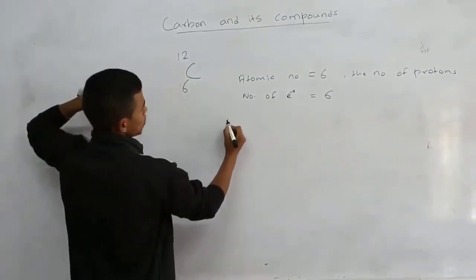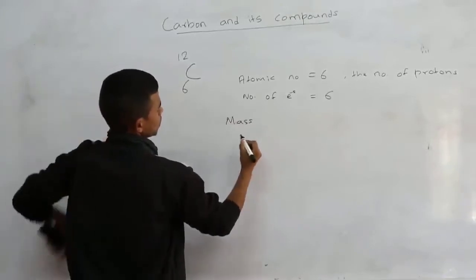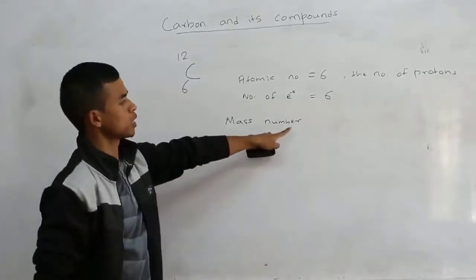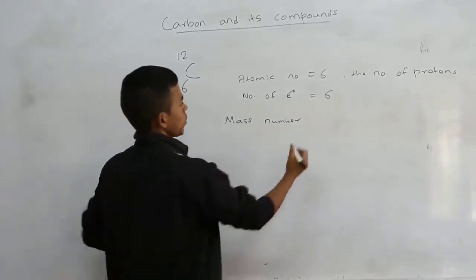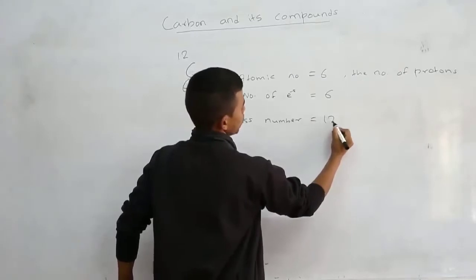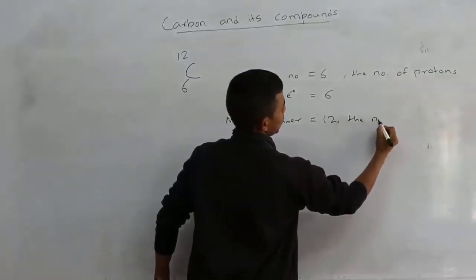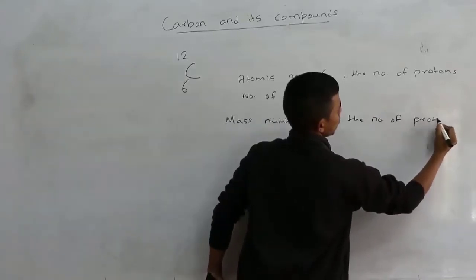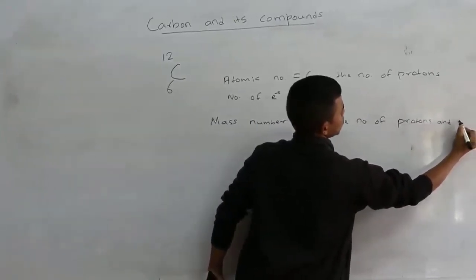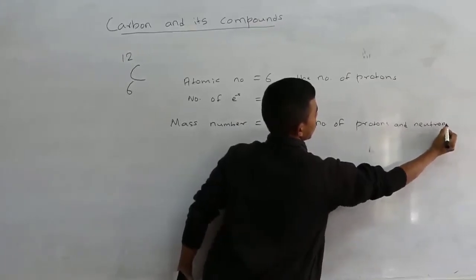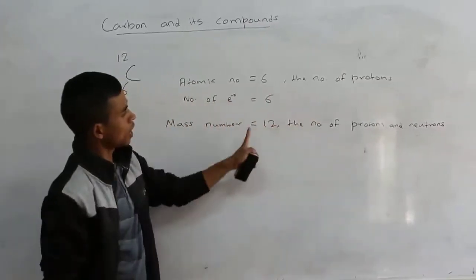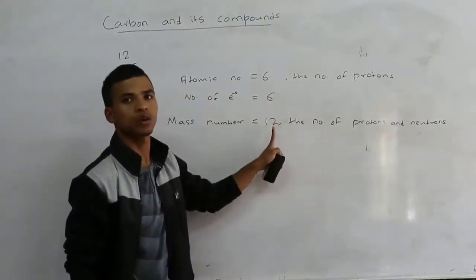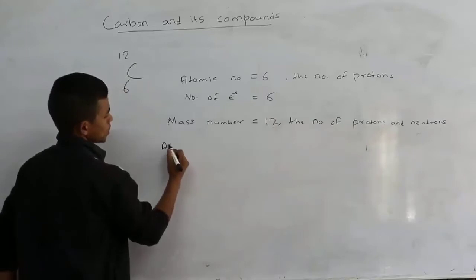When we say mass number, it means the number of protons and neutrons. So mass number, which is equal to 12, is the number of protons plus the number of neutrons. As there are 6 protons, there will be 6 neutrons.